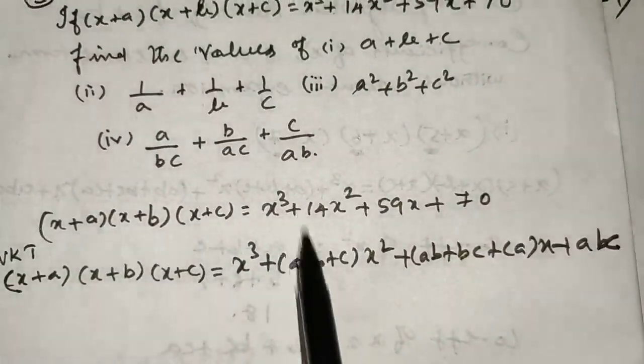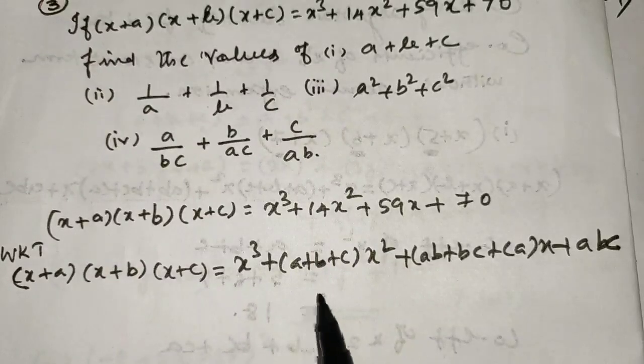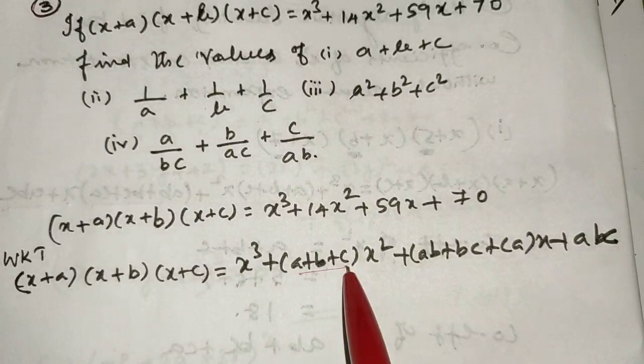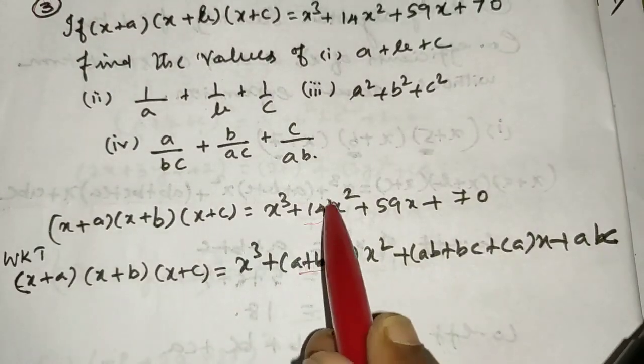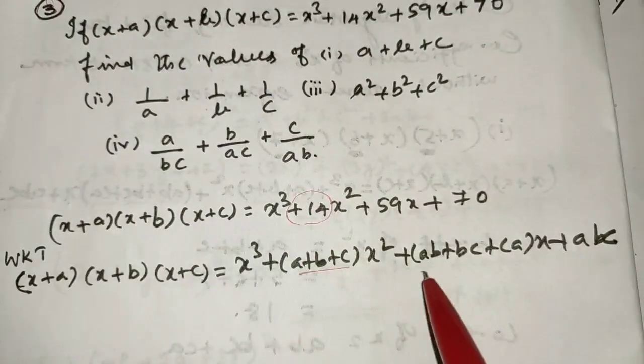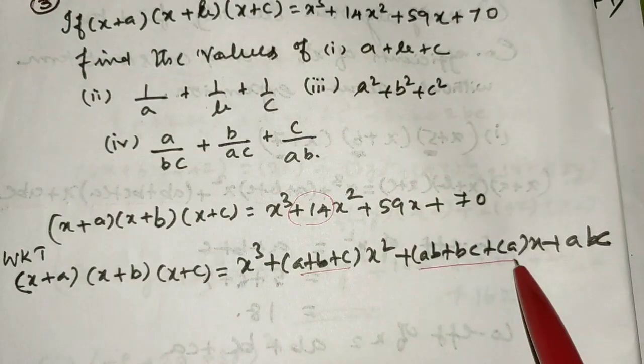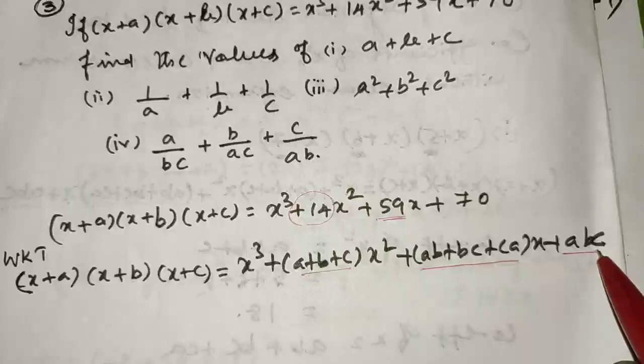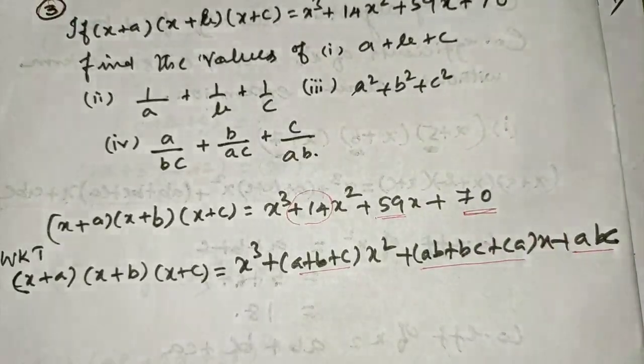So compare these two right sides. You will get a + b + c: in this place we have the coefficient as 14. Then ab + bc + ca we have 59. Then a × b × c gives 70.